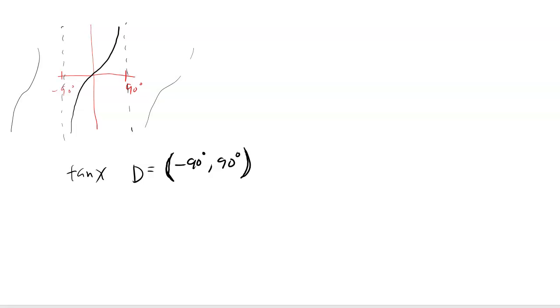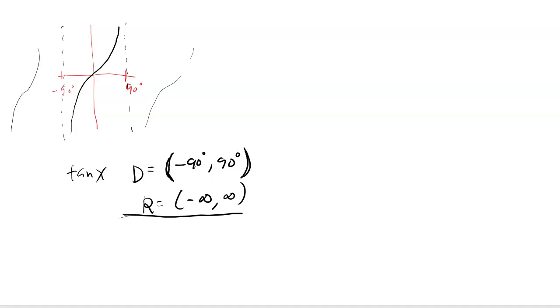The reason I don't include the endpoints is because at 90 degrees and negative 90 degrees, tangent is not defined. Okay, so we have tangent x restricted to the domain negative 90 to 90, and in this case the range goes way down to negative infinity and up without any bounds, so it's all real numbers from negative infinity to positive infinity. So this will give rise to the tangent inverse.